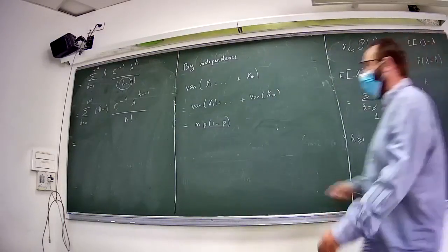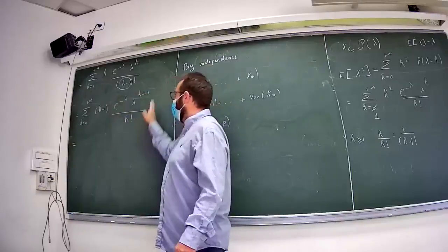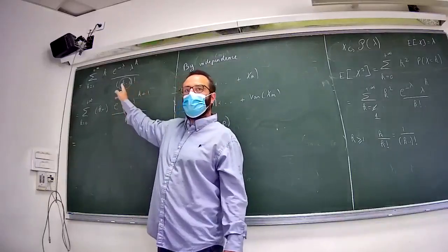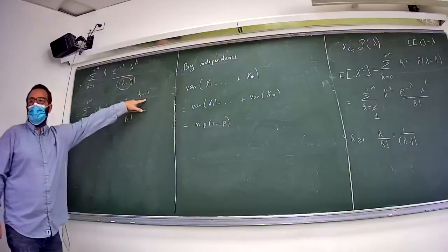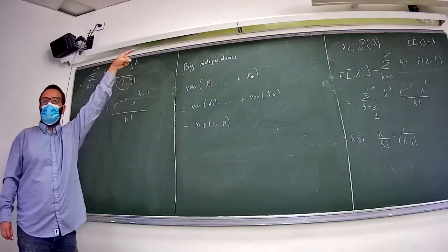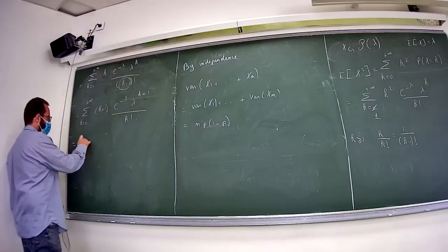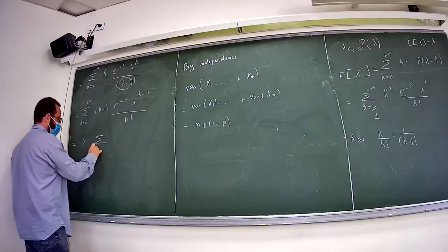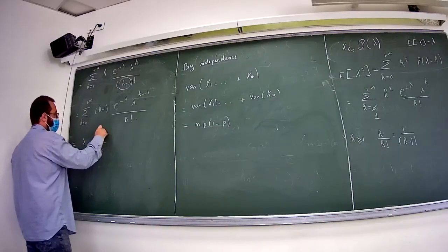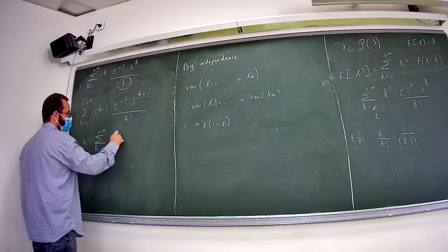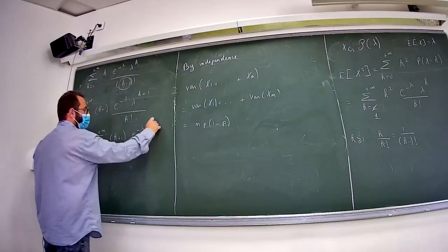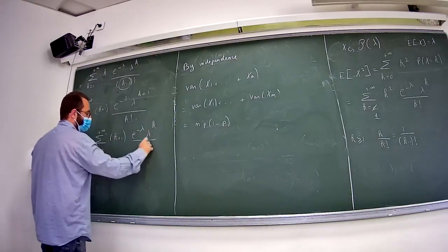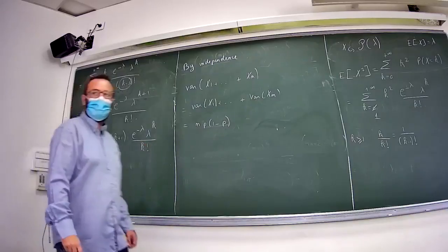First, because I can make appear the probability mass function of the Poisson of parameter lambda, because lambda to the power k plus 1 is just lambda to the power k times lambda. So I can put a lambda before and write this.